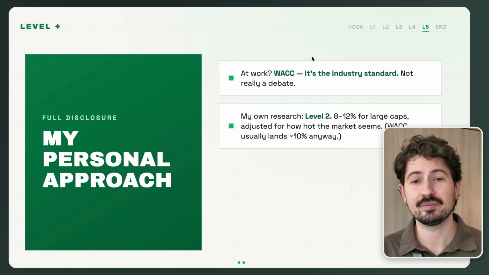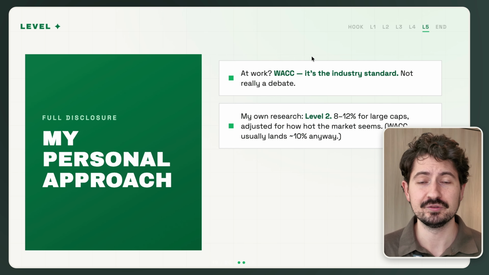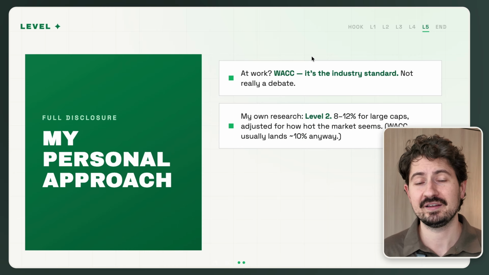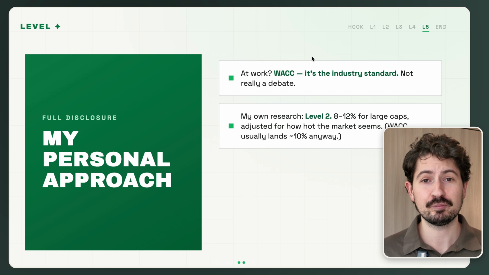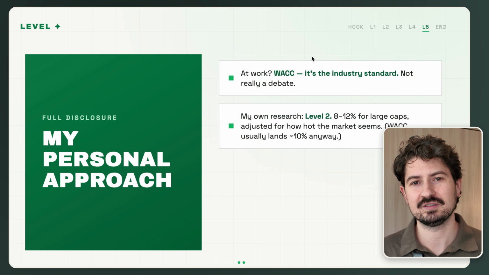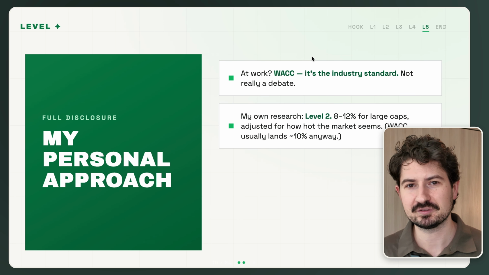And right now, the market seems super hot. I don't know how long that will last for, but I'm okay to adjust my discount rate down to 8% or 9% because of how things look at the moment, and I will definitely be adjusting it upwards if things come down. That is where I feel the most comfortable, and it keeps things nice and simple for me to essentially use the same rate across every analysis and update it every 6 months or every year.